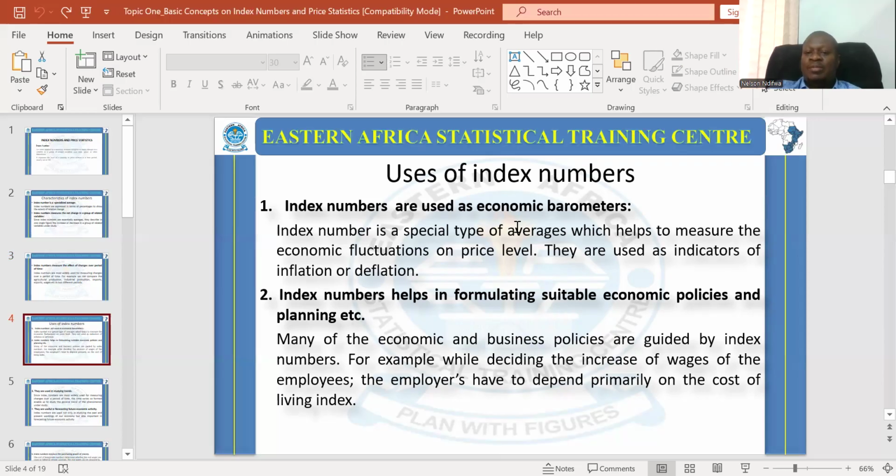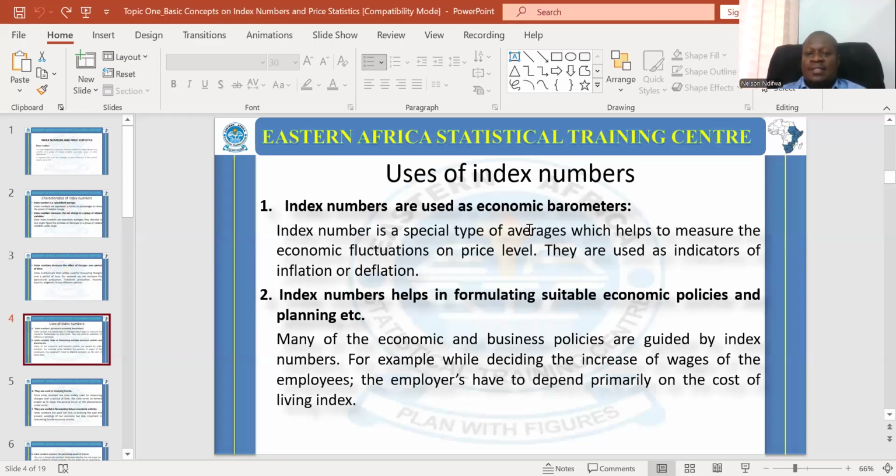The index number measures changes in prices, and we know prices are one of the key variables in the economy that measure inflation or deflation. So knowing an index number, like the consumer price index, you can measure the economy of the country based on the inflation obtained from the index number.